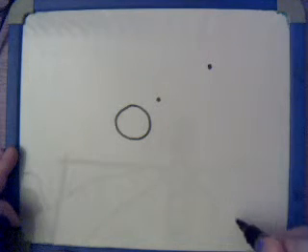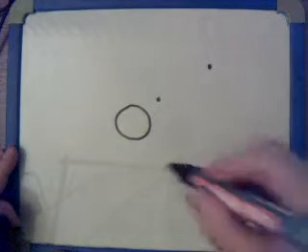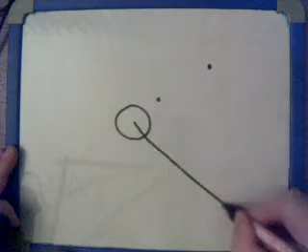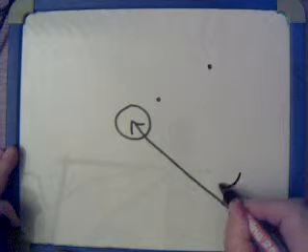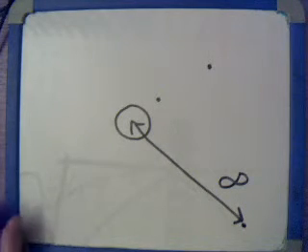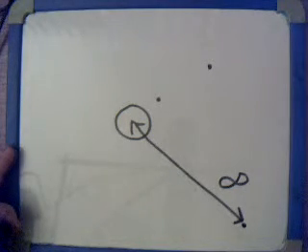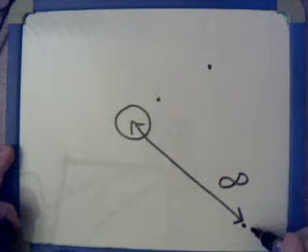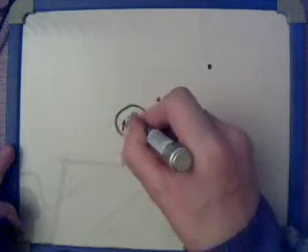Now just imagine a point a long way over here. In fact that point is so far away, the distance between the centre of the planet and that point is infinity, represented by this sideways 8. A typical physics thing. Infinity, but it's a long way away. It's so far away there is no attraction between this mass here and the mass of the planet, which we'll call big M. None at all.